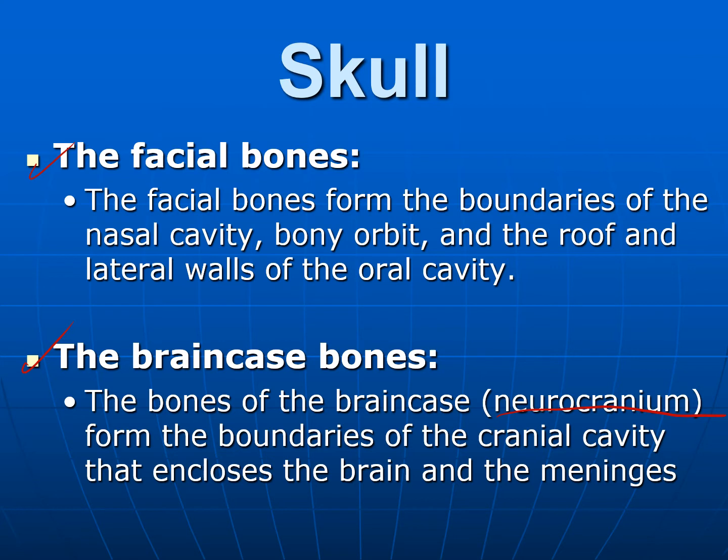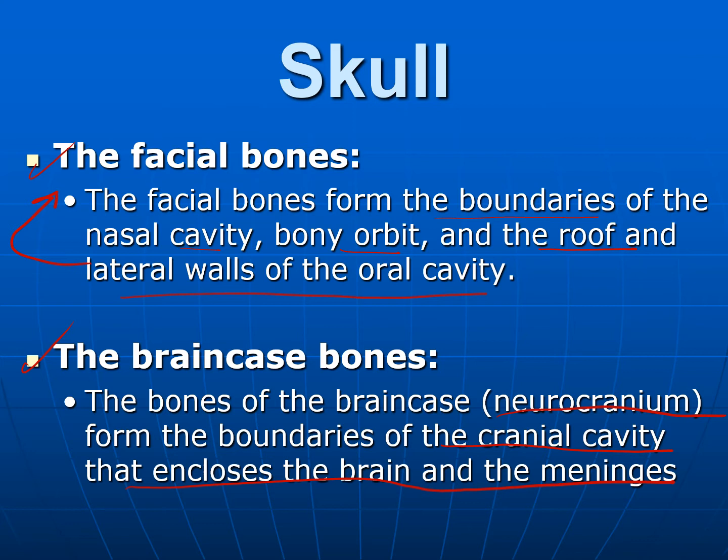Usually the facial bones form the boundaries of the nasal cavity, bony orbit, and the roof and lateral wall of the oral cavity. So anything that provides and sets boundaries of the nasal cavity, bony orbit, and the roof and the lateral wall of the oral cavity, all of these bones are considered facial bones. The brain case bones form the boundaries of the cranial cavity that enclose the brain and the meninges.